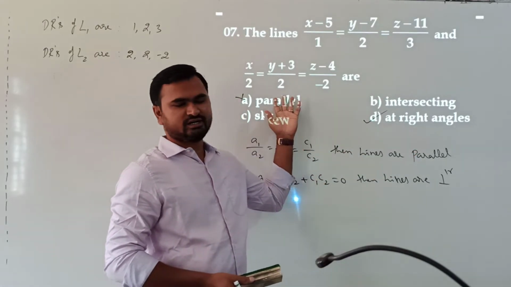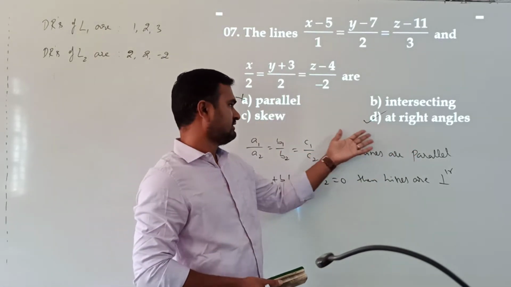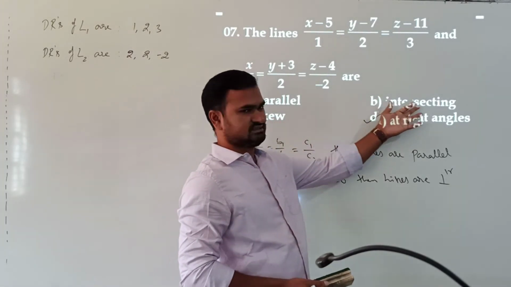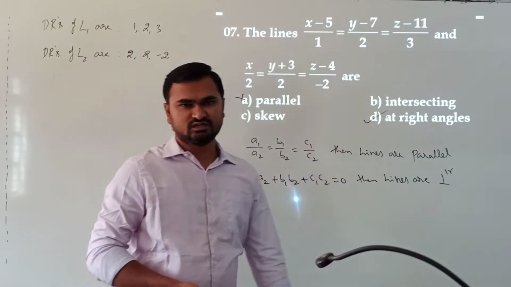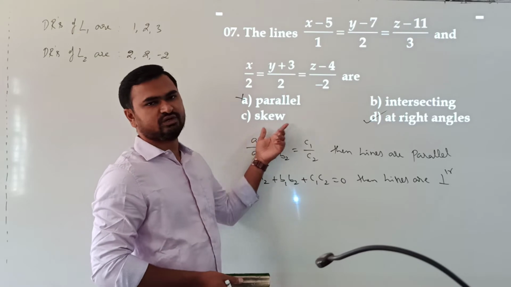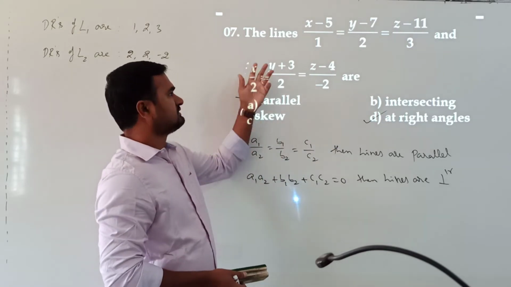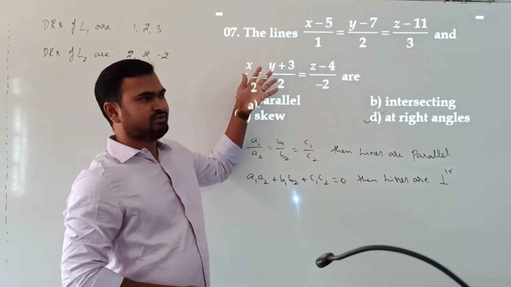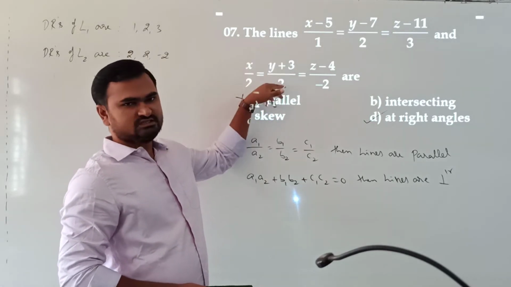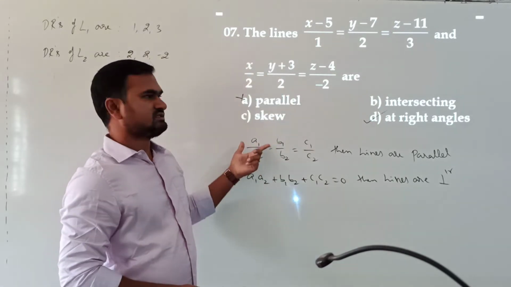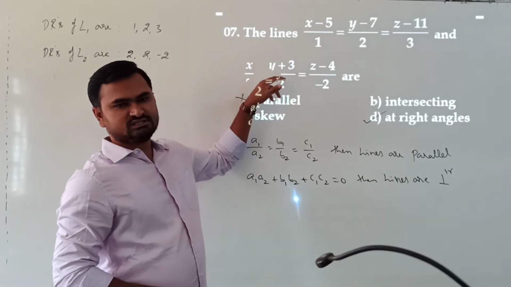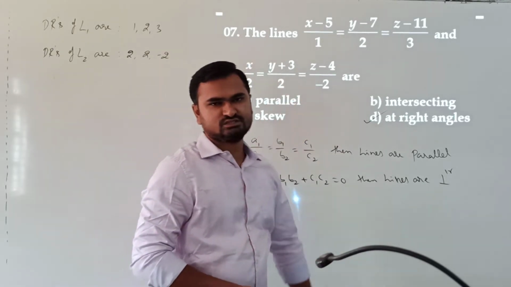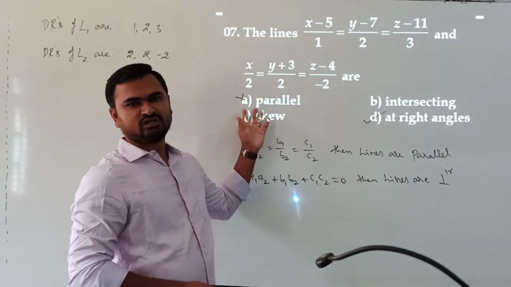Suppose they are not parallel and not perpendicular, then we check for skew lines and intersecting lines. That will be based on the distance between skew lines. We assume that these lines are skew lines and find the distance between the two. If there exists some distance, the lines are skew lines. If the distance is 0, the lines are intersecting.